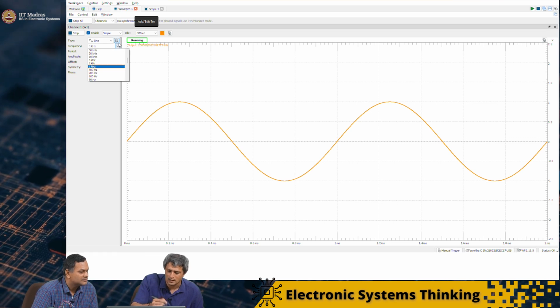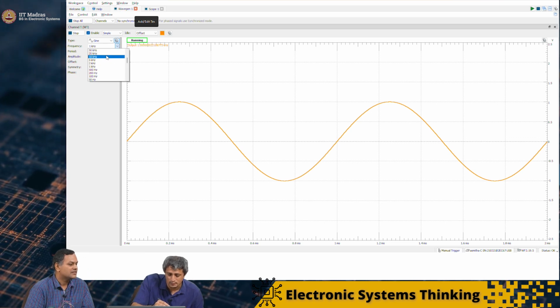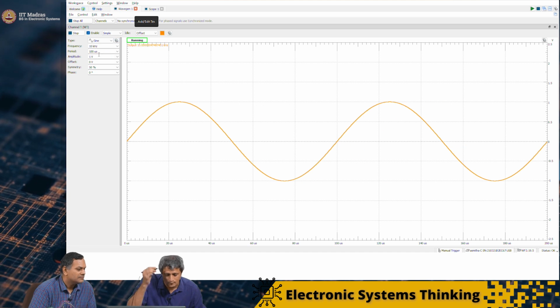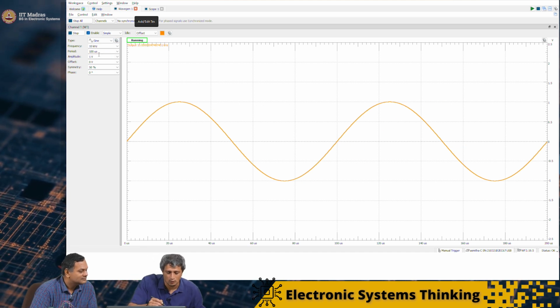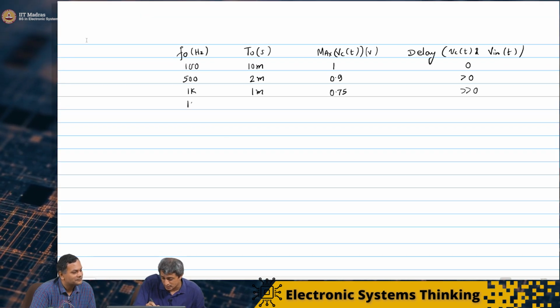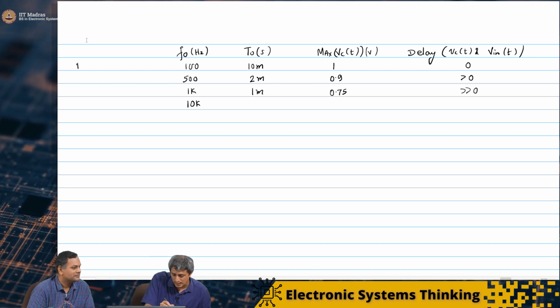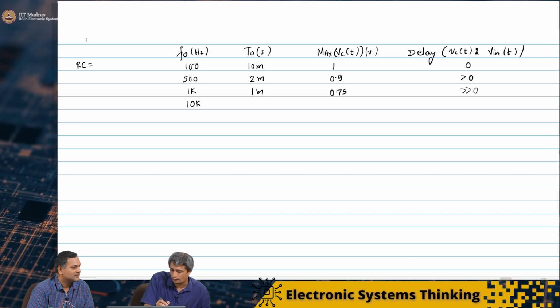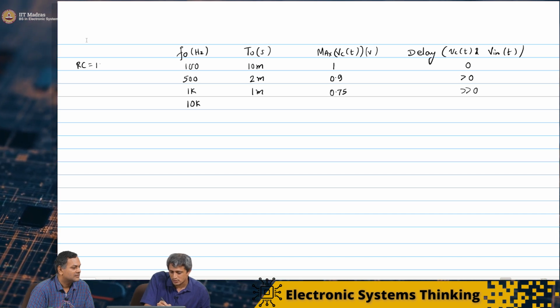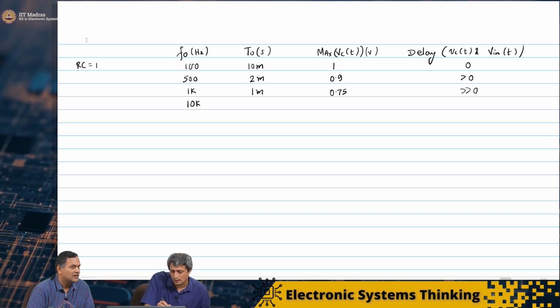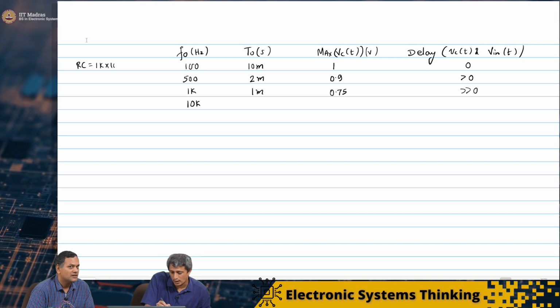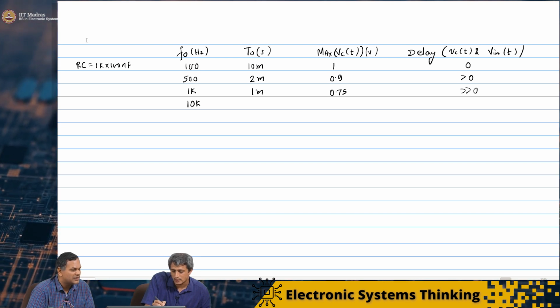Now, shall we go straight to 10 kilohertz? Okay, 1 volt. Now this 10 kilohertz is interesting because the RC itself was about 1K times 100 nanofarads, about 100 microseconds. Is that right?